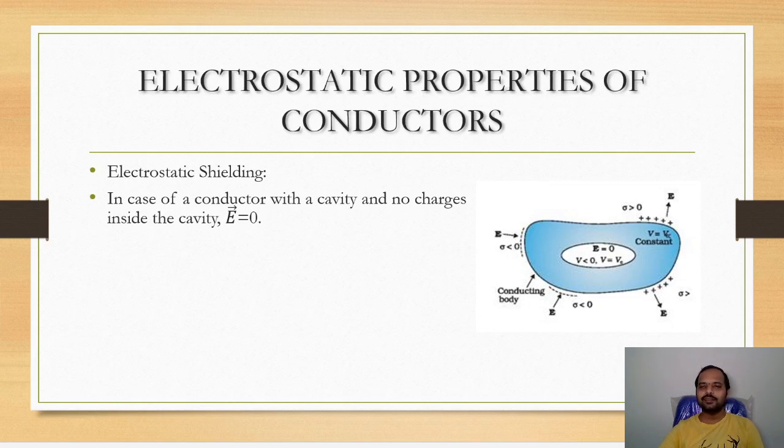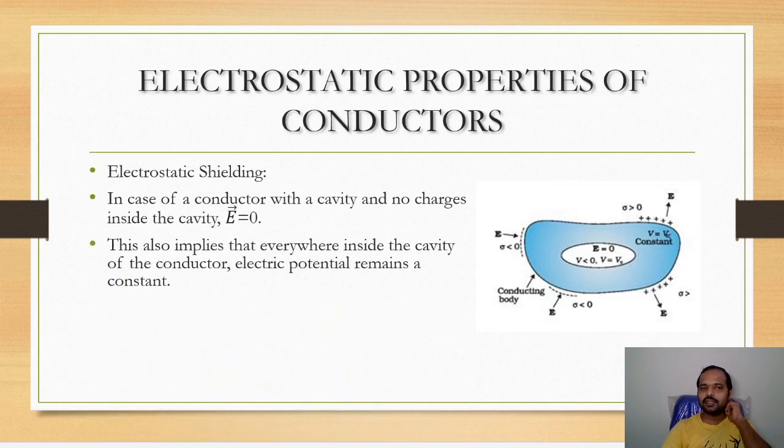The reason is very simple, because whatever the charges are residing inside, they are going to readjust in such a way that the net electric field inside the cavity once again is equal to 0, which means the potential will be constant. That is, the electrostatic potential inside the cavity once again is a constant, which means there will not be any kind of movement of the charges inside the cavity of the conductor.